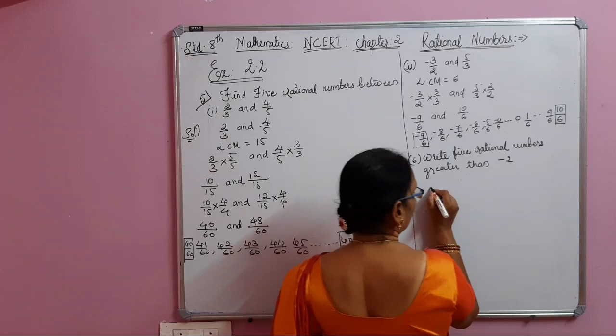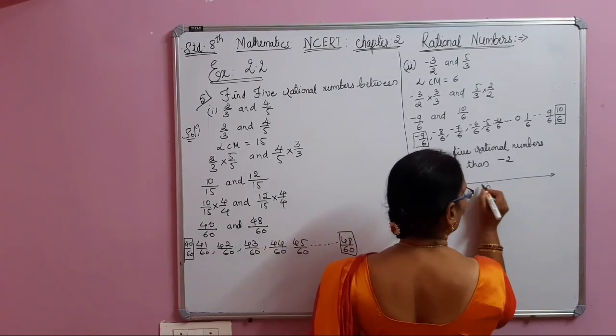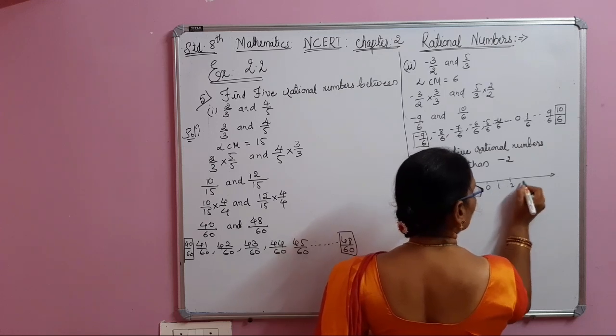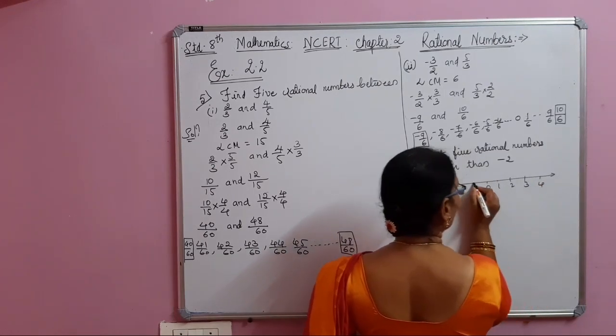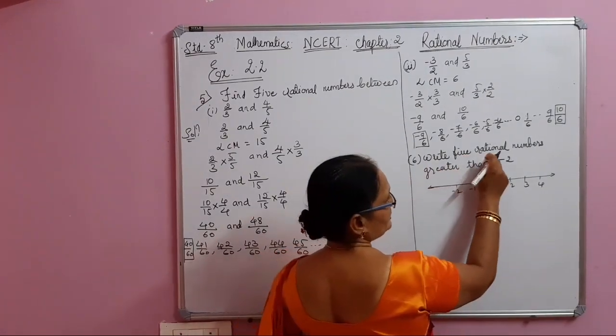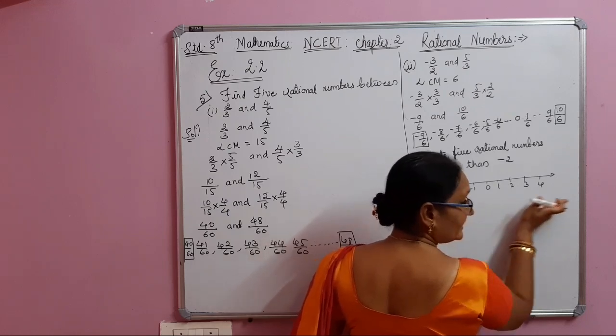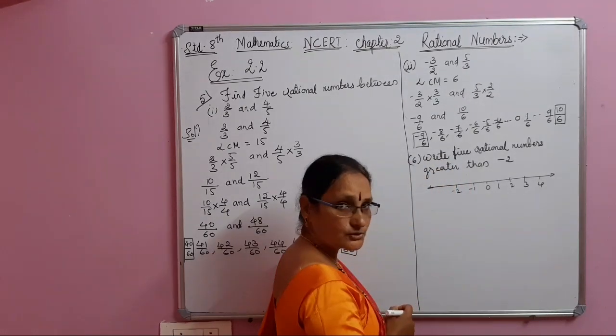See, now if you draw one number line, very easily you can understand. Here 0, 1, 2, 3, 4. Here minus 1, minus 2. How many do we have to write? Write 5 rational numbers greater than minus 2. If you go towards the right side, all are greater than minus 2 only.